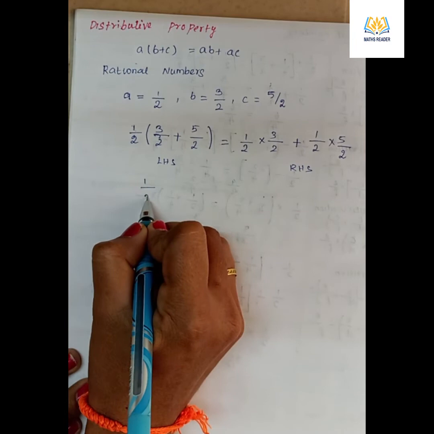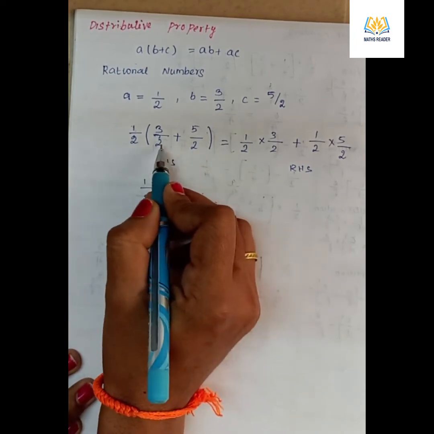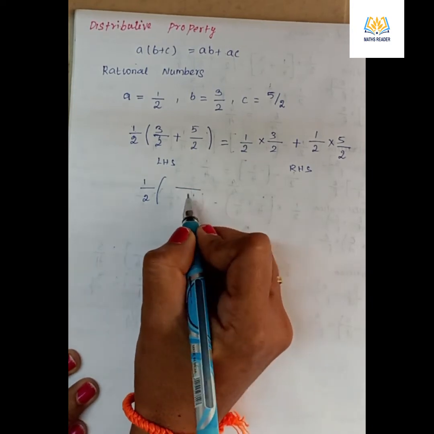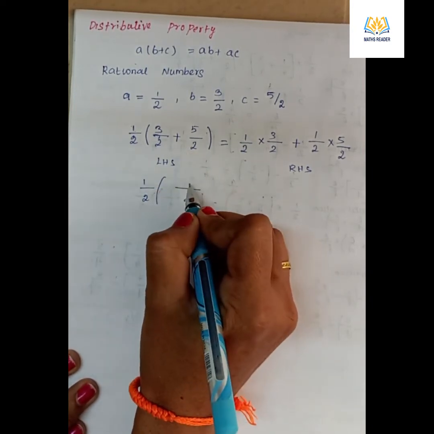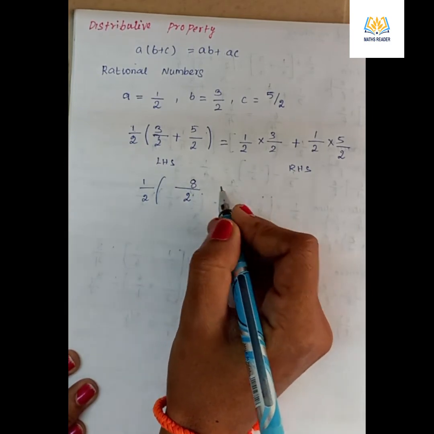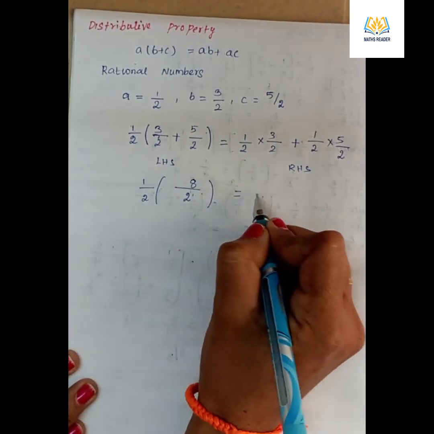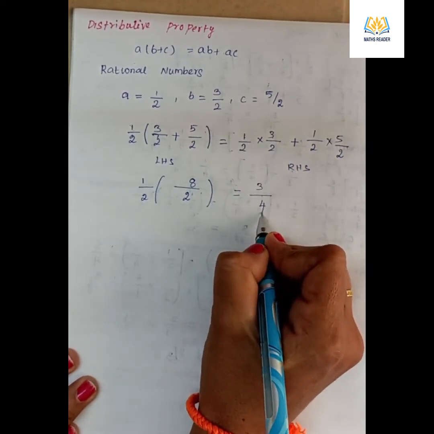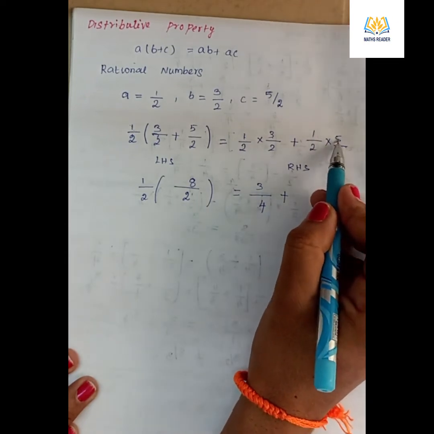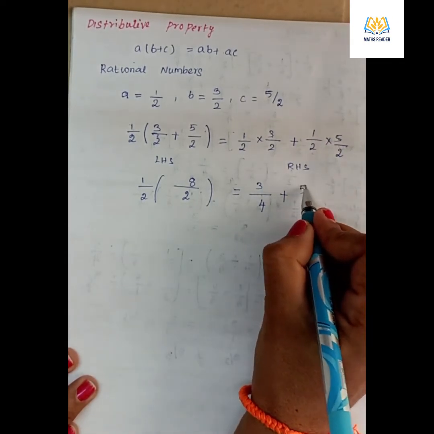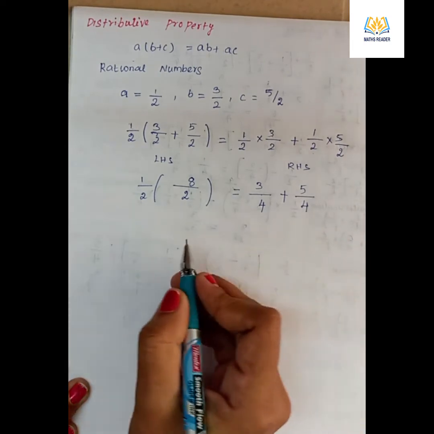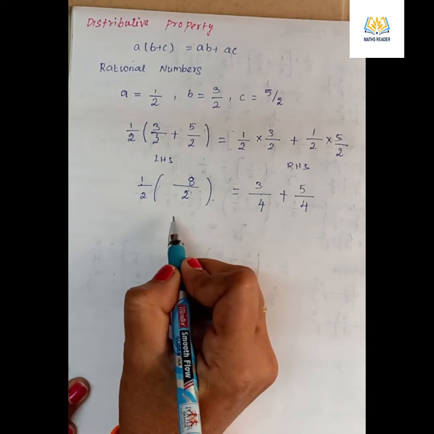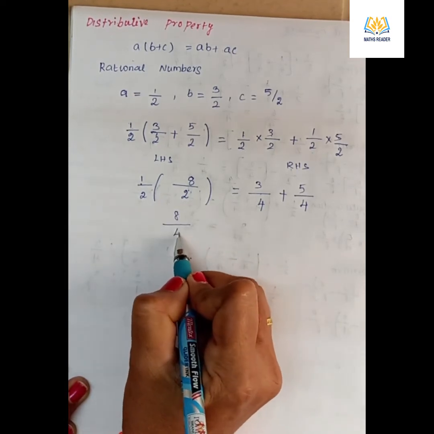So 1 by 2, then simplify this one. Denominator is 2 and 5 plus 3 is 8, equal to 1 into 3, 3, 2 2s are 4, plus 1 into 5, 5, 2 2s are 4, so 5 by 4. This is equal to multiply 1 by 2 into 8 by 2, 1 into 8, 8, 2 2s are 4.